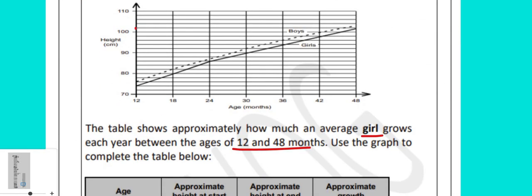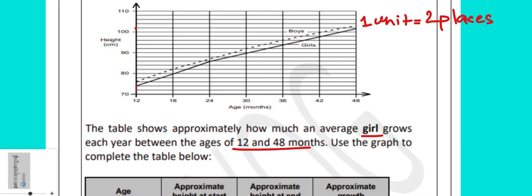Before starting to solve the sum, one thing I would like to mention here is that each unit is equal to 2 places, which means that if this is 70, then this dot right here is 72, and then this dot right here is 74.